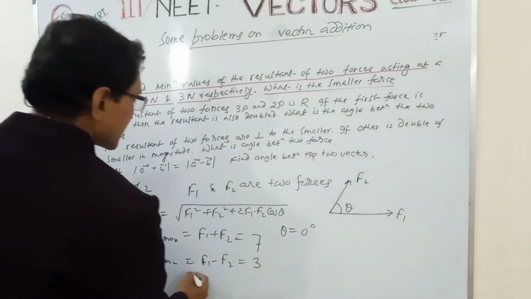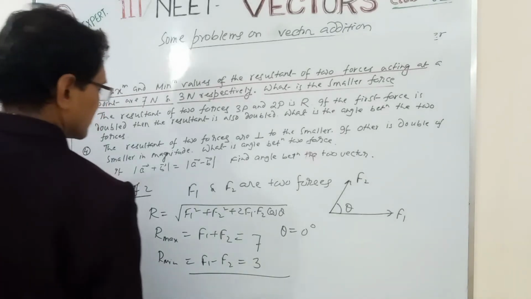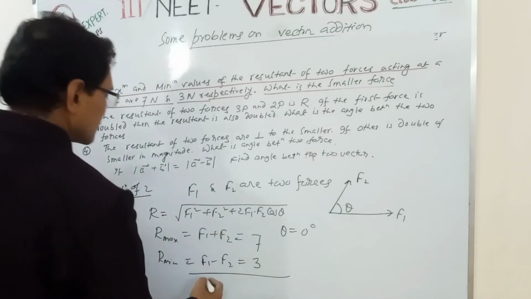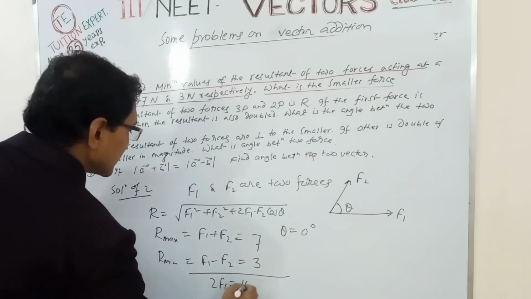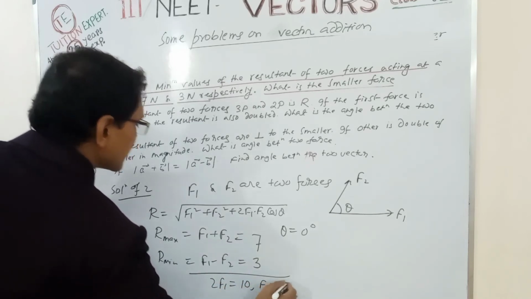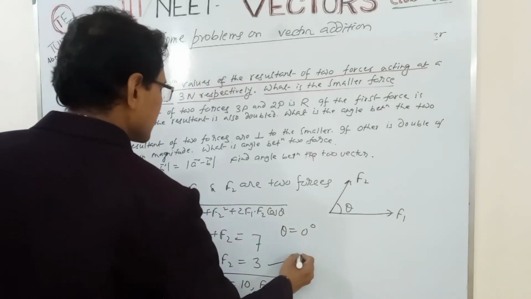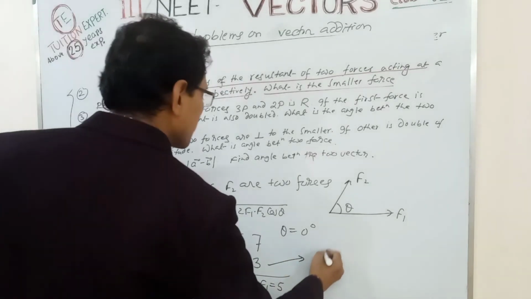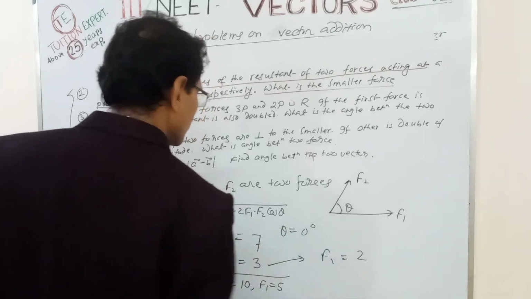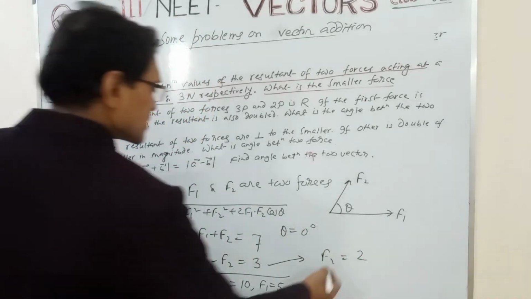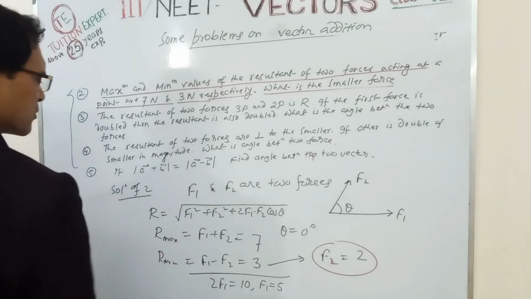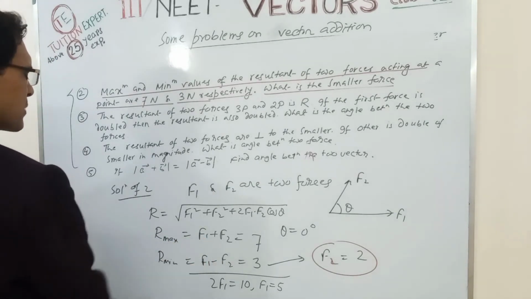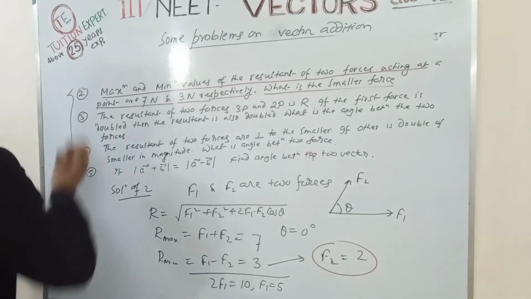Now from this we can calculate f1 and f2. So 2f1 equal to 10, f1 equal to 5, and from f1 equal to 5, f2 equals 5 minus 3, that is 2. So the smaller force is 2. Maximum is f1 plus f2 and minimum is f1 minus f2.